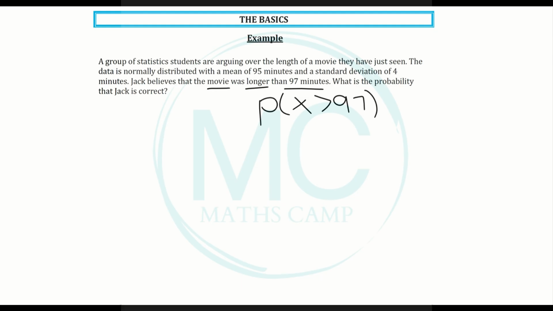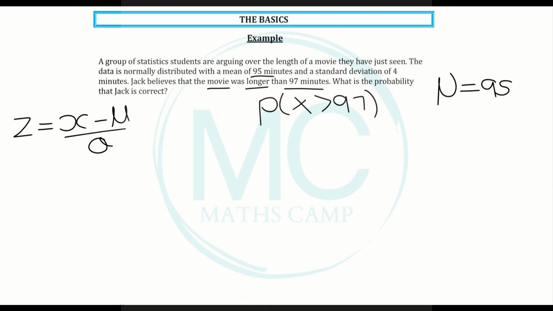We are working with normal distribution, so we're going to use the formula z is equal to x minus mu over standard deviation sigma. The question tells us that the mean mu is 95 minutes. So mu is 95. Standard deviation is 4 minutes. So sigma is equal to 4.